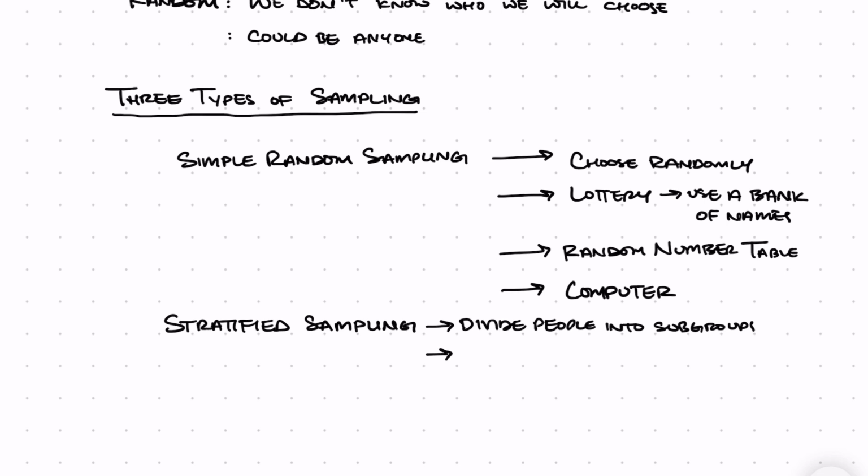Now, these subgroups cannot overlap. So in other words, no one should be in 2 subgroups. Everyone should only be in 1 subgroup at a time. So they cannot overlap.